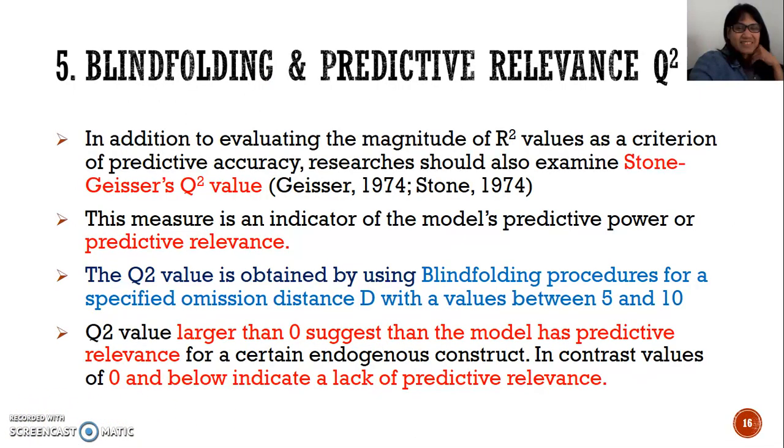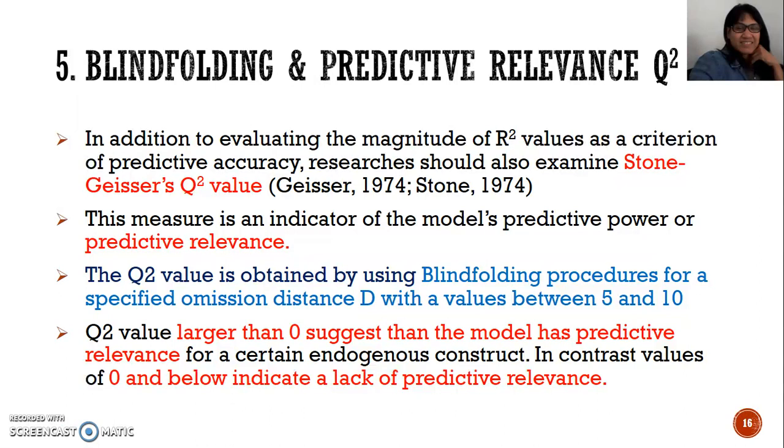Procedure number 5 is blindfolding and predictive relevance, or Q square. In addition to evaluating the magnitude of R square values as a criterion of predictive accuracy, researchers should also examine the Stone-Geisser Q square value. This measure is an indicator of the model's predictive relevance.